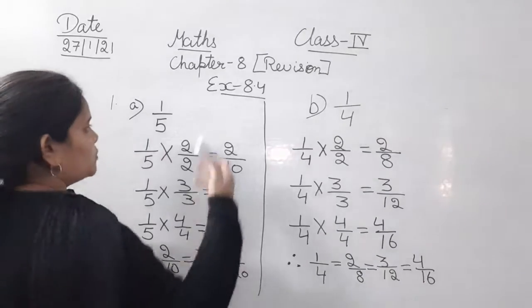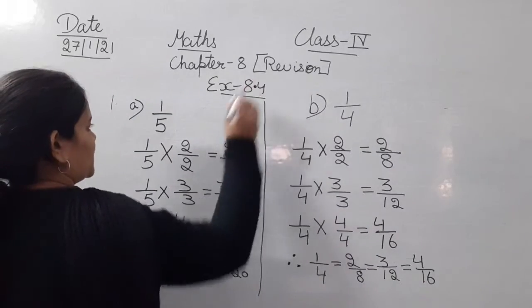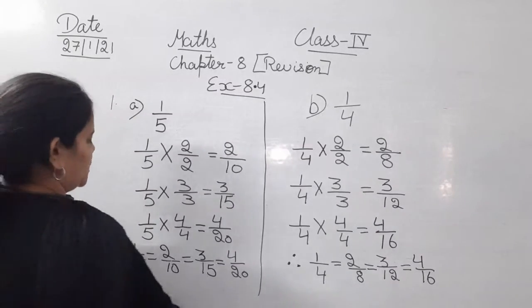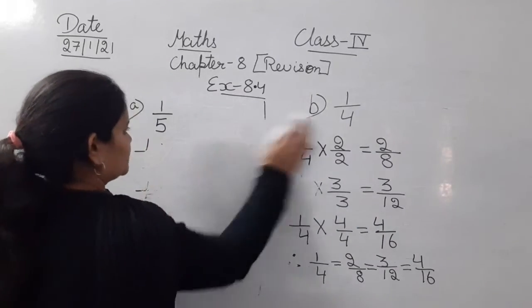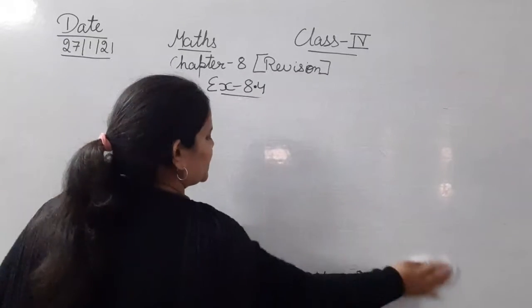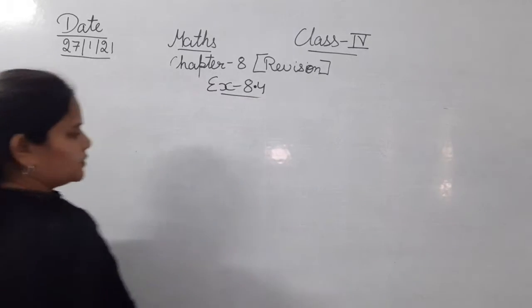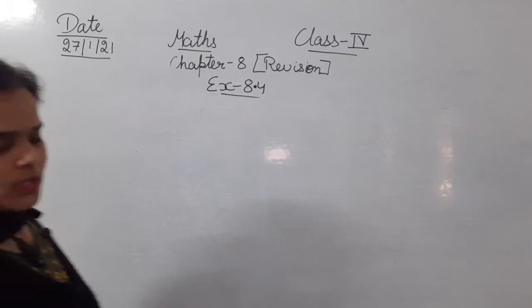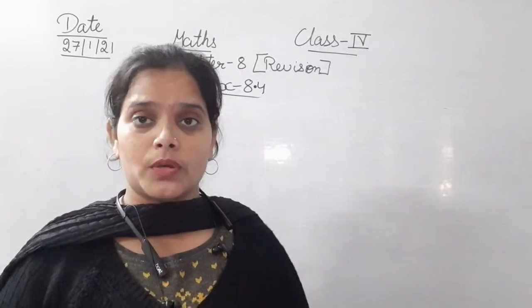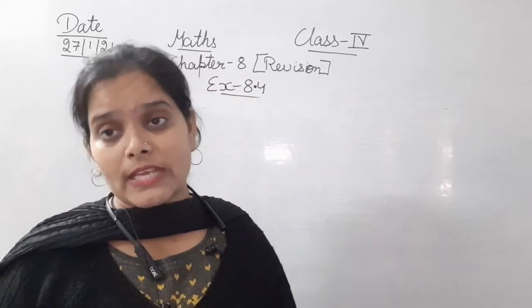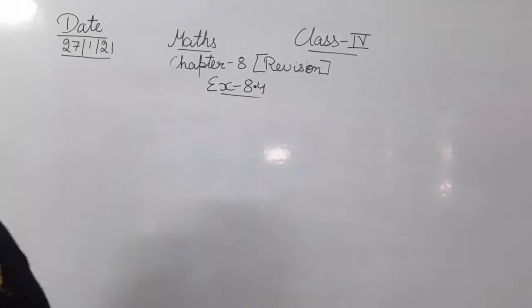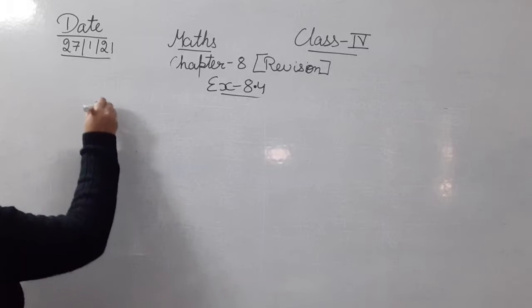Chaliye, moving to the C part of question number 1. Okay, so now we will move to the C part of question number 1. Now we have to find the next 3 equivalent fractions of 2 upon 3.